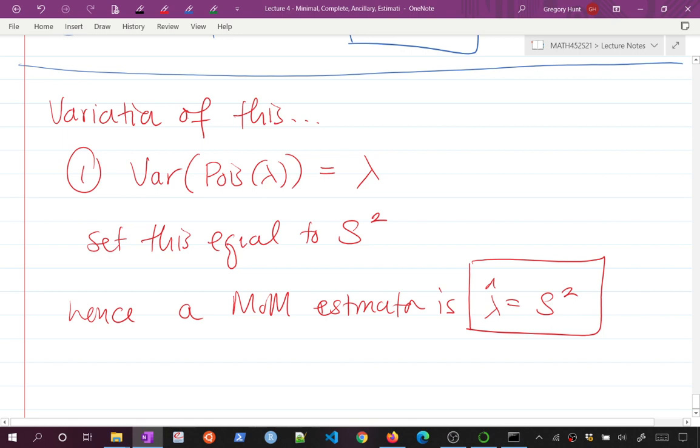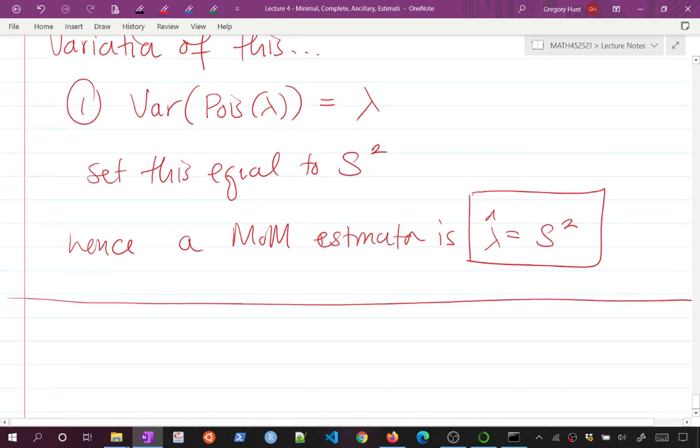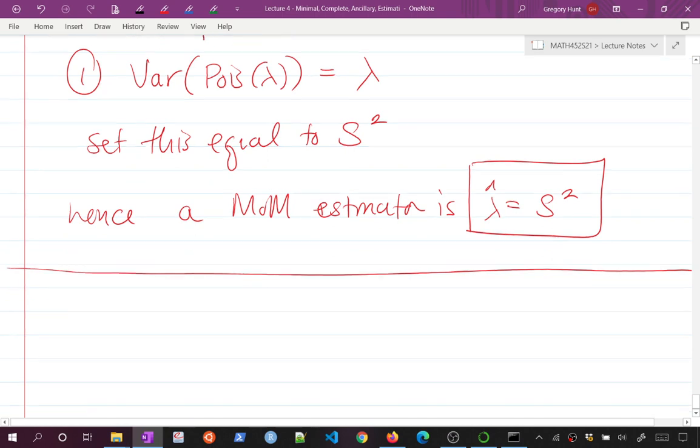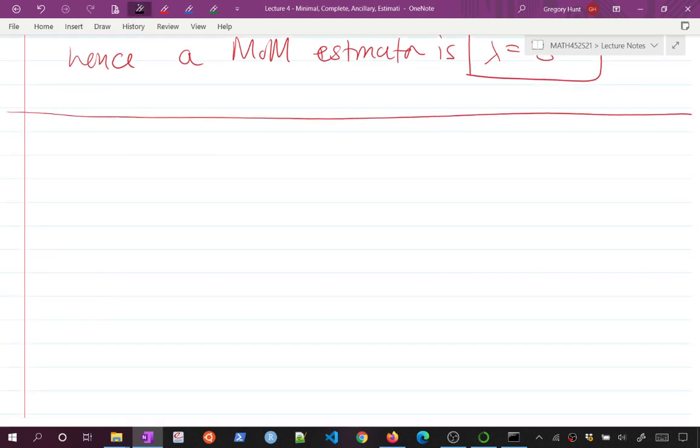Lambda is not only the mean of a Poisson, but it's the variance of a Poisson. And so it makes sense that an estimate of lambda would also be the sample variance, not just the sample average. And we will definitely talk about this later in the course about which one of those two estimators is better. Turns out the mean's better, but we'll talk about it. But there are lots of variations.